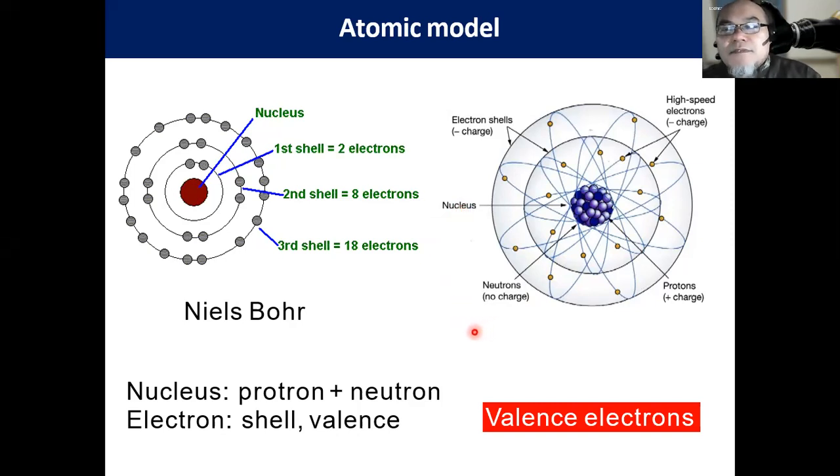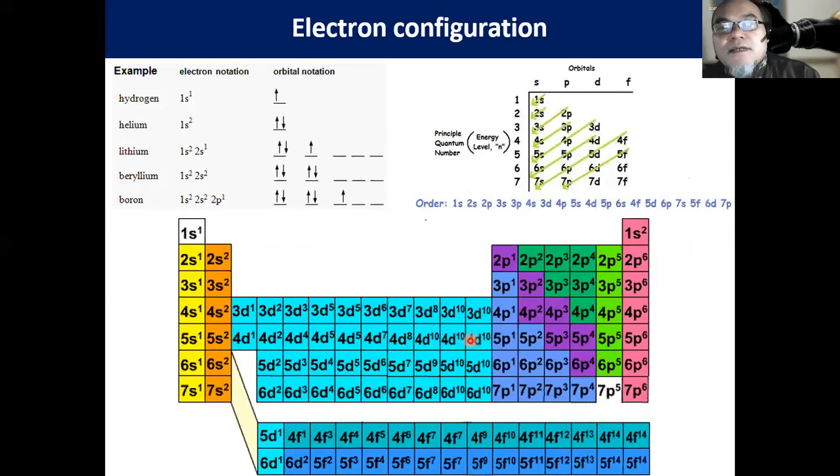So we have discussed that what is important in the making of a molecule is the valence electrons. Then we reviewed last week that electrons first fill the orbitals according to this order.